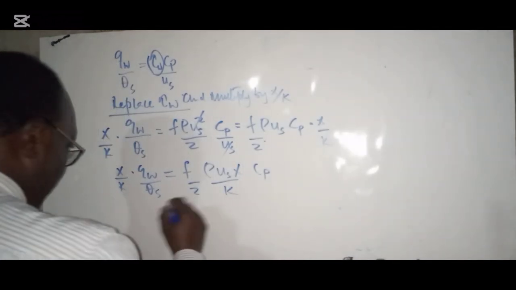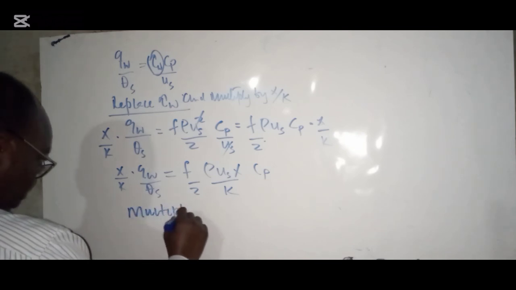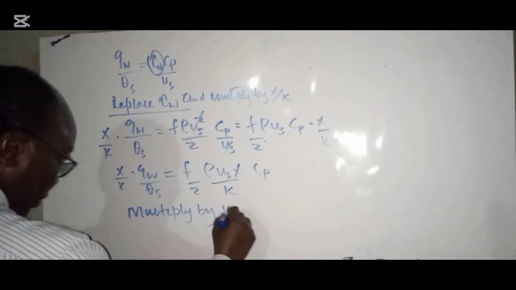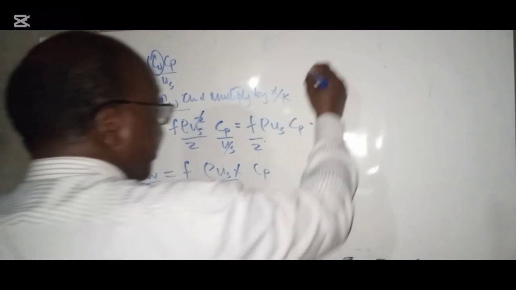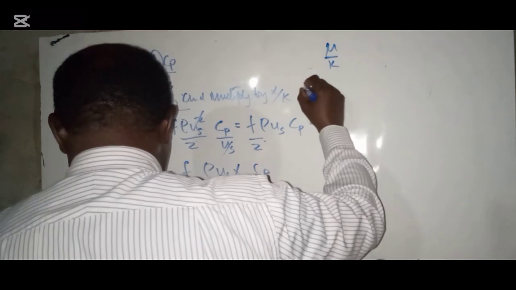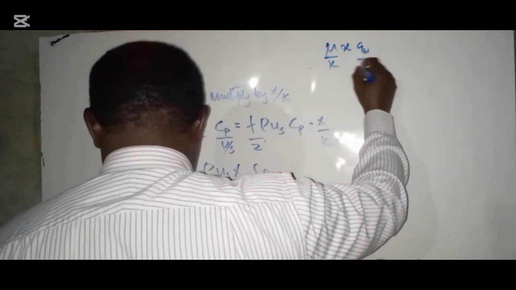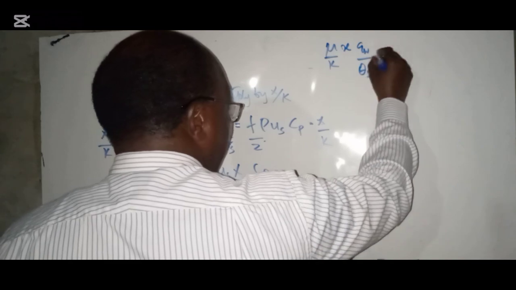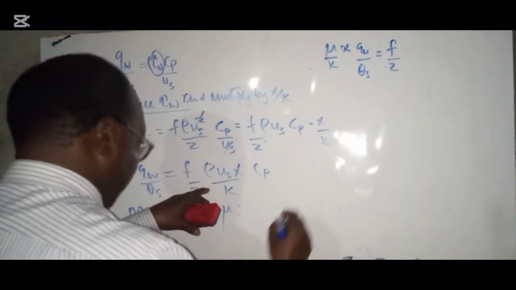So if we multiply by the dynamic viscosity, then we will have mu over K, x, q omega over theta S equal to F over 2.